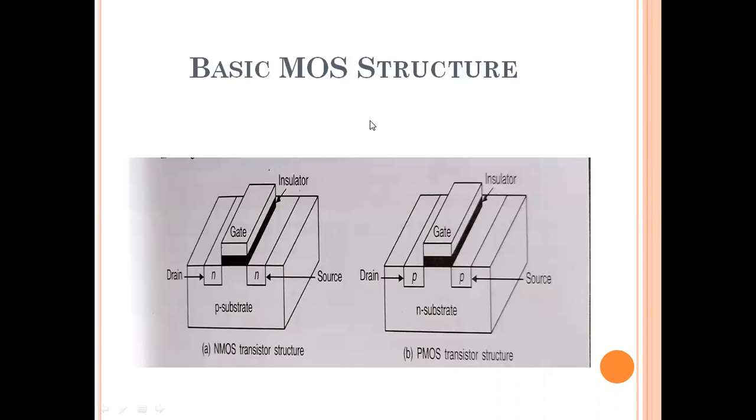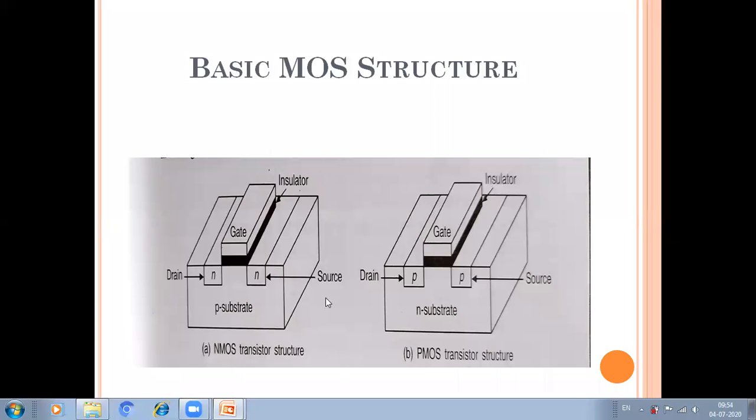So this is the basic MOS structure. We also know about the terminals of the MOSFET, that is the drain, gate, and source. The MOS transistor is a majority carrier device, in which the current in a conducting channel between the source and drain is modulated by a voltage applied to the gate.